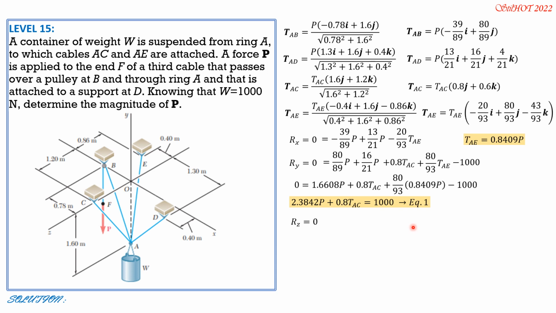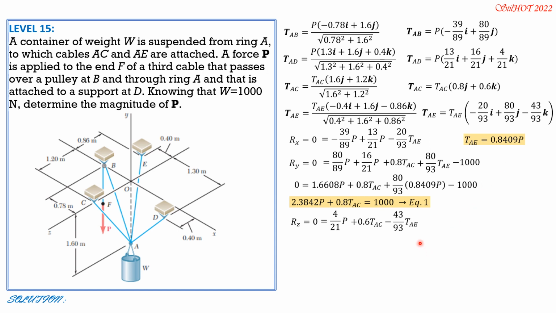Then RZ is 0. And we have 4 over 21P plus 0.6 tension AC, then minus 43 over 93 tension AE. So that's it.